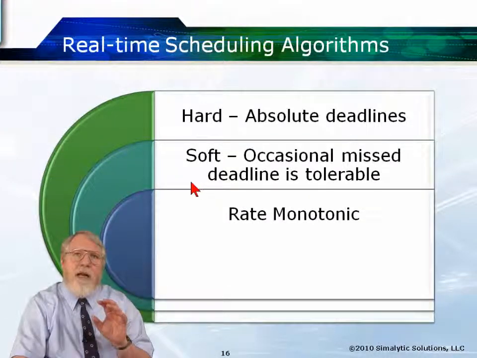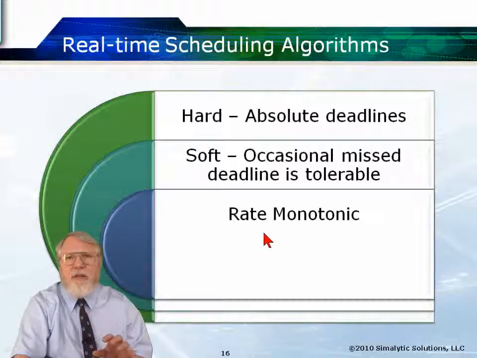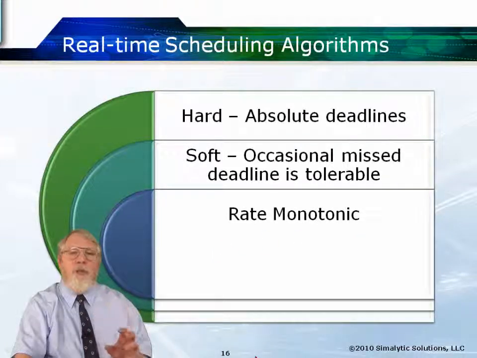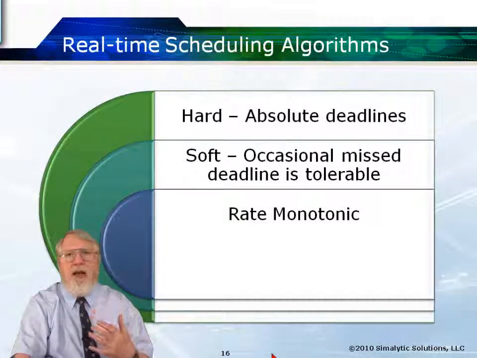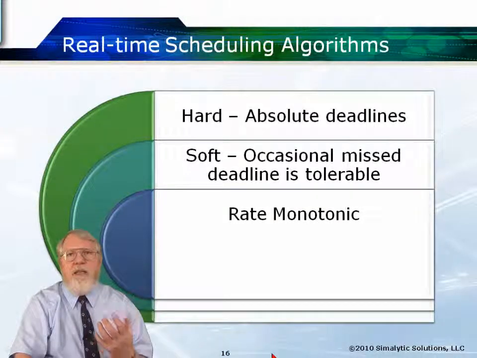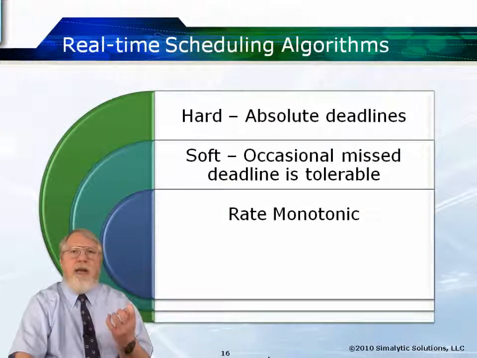Then we look at rate monotonic, and that's a technique of doing real-time scheduling that allows the operating system to meet that guarantee that we've been talking about. It's not that the operating system has to react quickly.